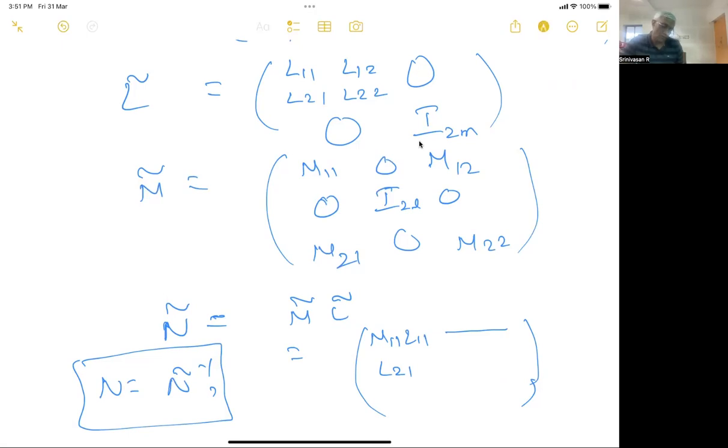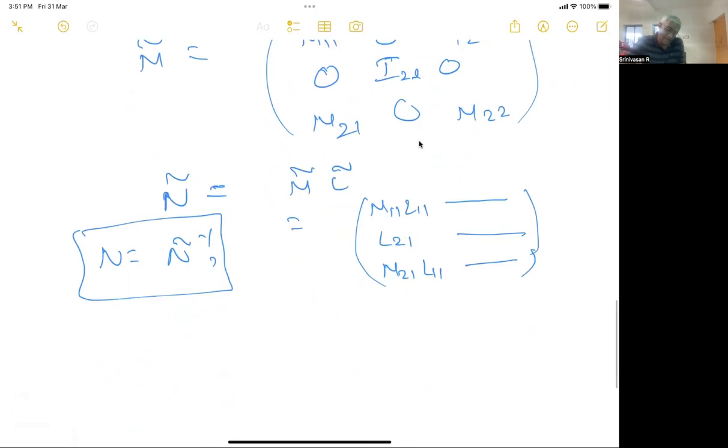Yeah. The last one is 0. So whatever I have here doesn't matter. The second one should be L22. Yeah, the second one is you take the second row and multiply with this L21. So okay, this is what I get.